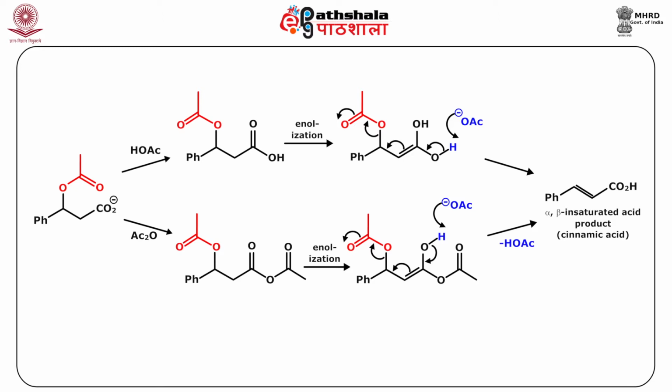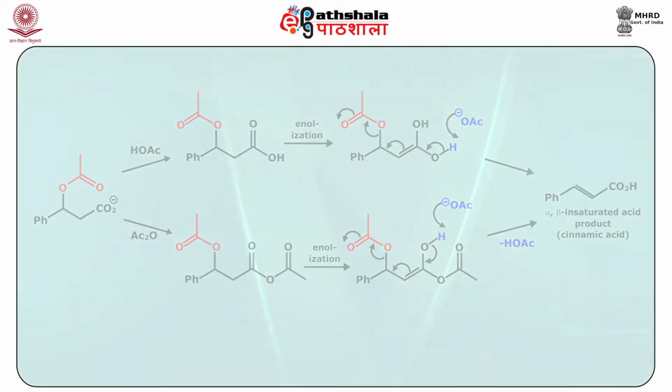So, as you can see here, these are the two possible routes also in this elimination, but from either of these two routes the unsaturated acid is formed in a single step with the anhydride assisting the intermediate steps, as you can see here.